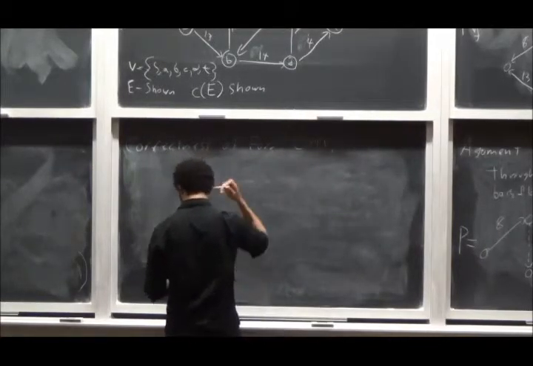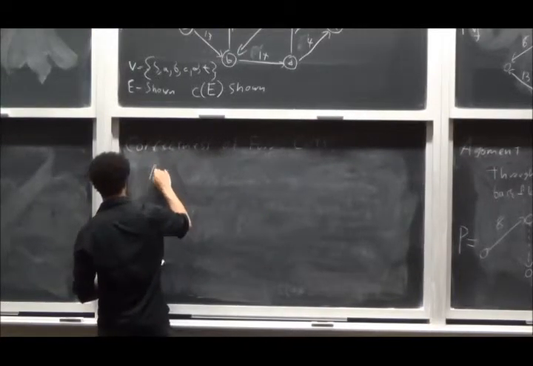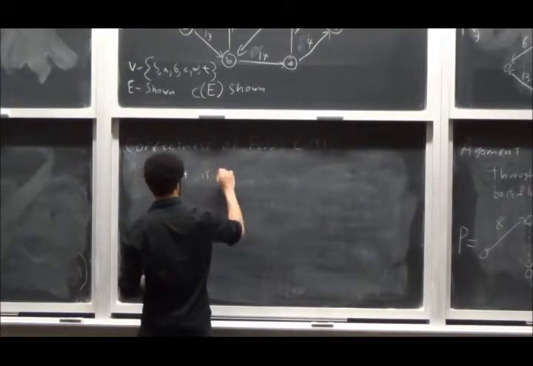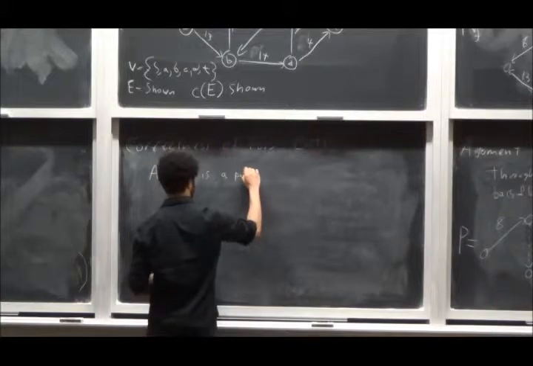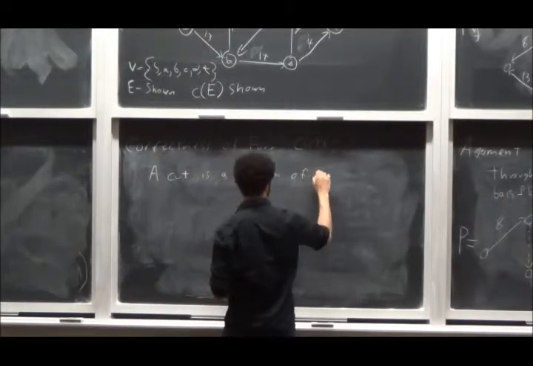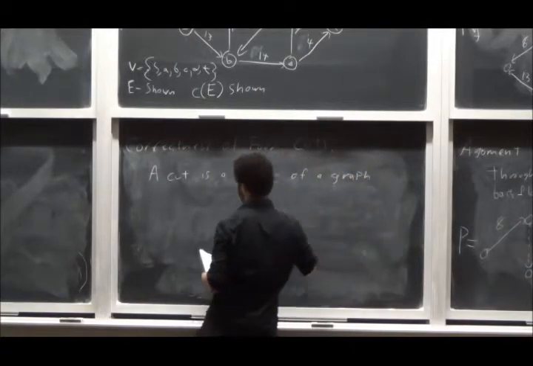There's a formal definition, but in English, a cut is a partition of a graph into two subgraphs.